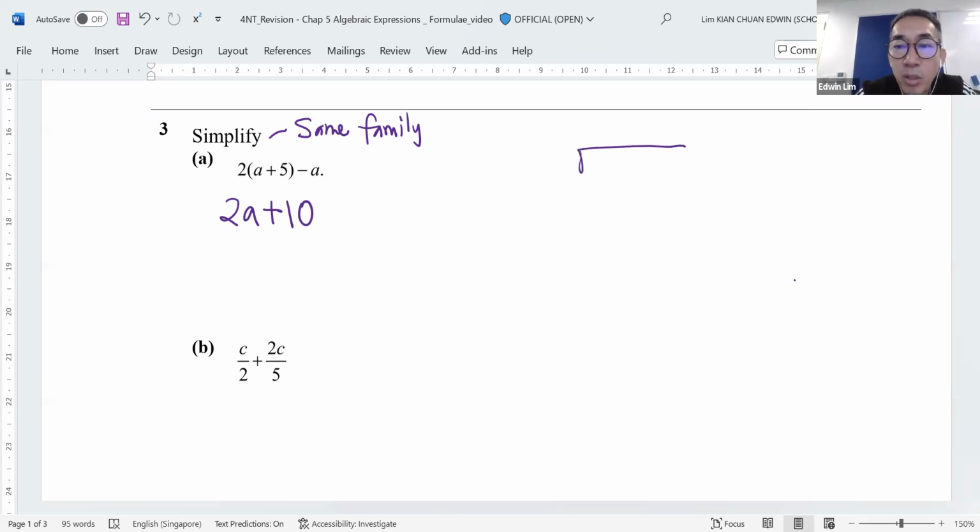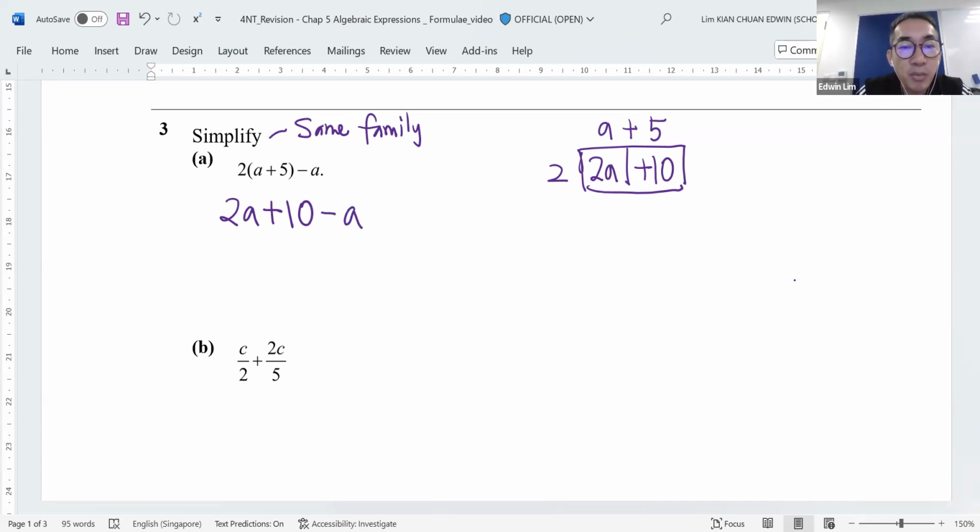For some students who love to do this, I'll show you how I get 2a plus 10. So 2 is here, a plus 5 is at the top. So 2 times a, I get 2a. 2 times positive 5, I get plus 10. This is how I get 2a plus 10. I never do anything to minus a, I will just write it down.